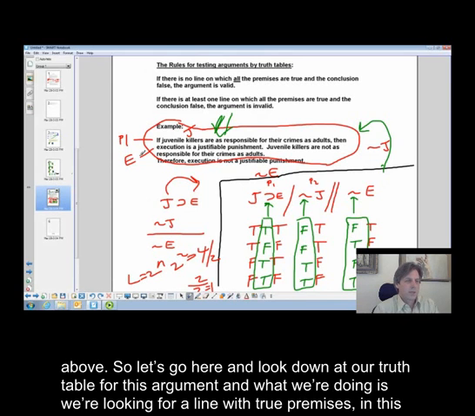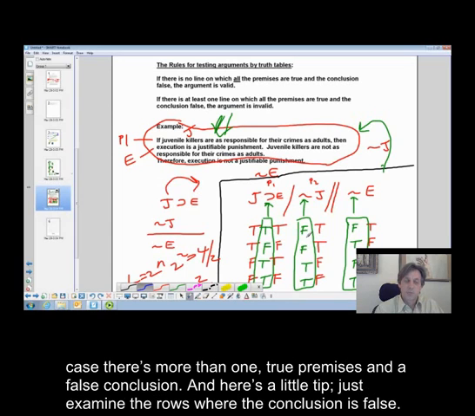So let's look down at our truth table for this argument, and what we're doing is looking for a line with true premises and a false conclusion. In this case, there's more than one row with a false conclusion. And here's a little tip: just examine the rows where the conclusion is false.